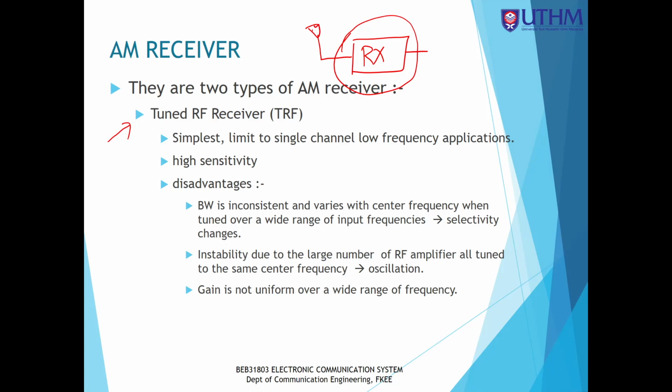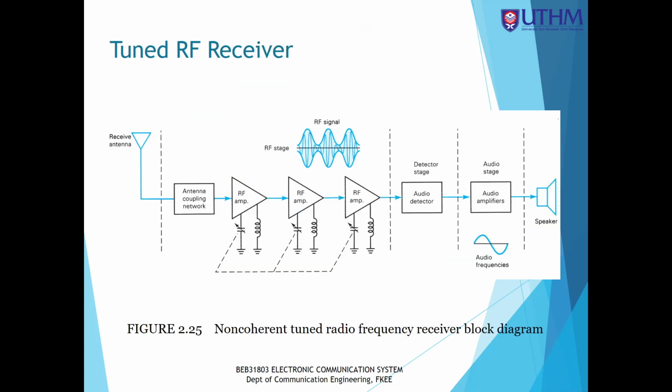So how does the tuned RF receiver look like? It looks like this. From the input, we have the antenna coupling network, and then the input will be amplified a few times, three times here.